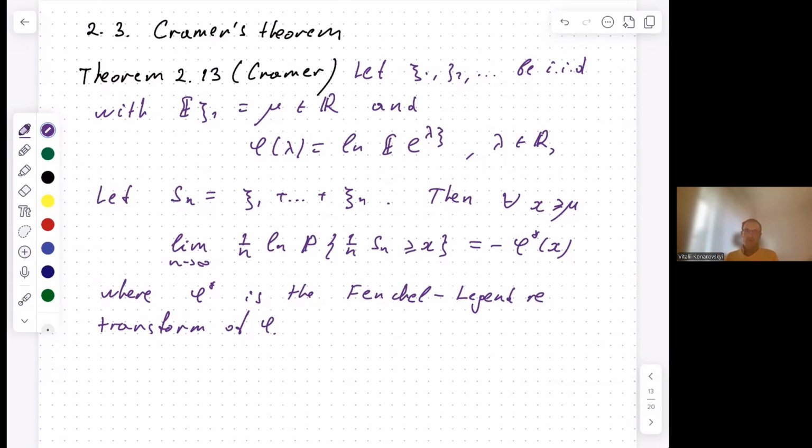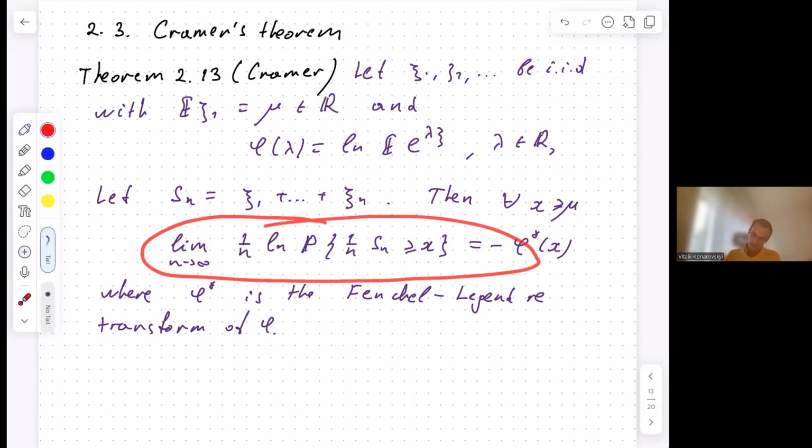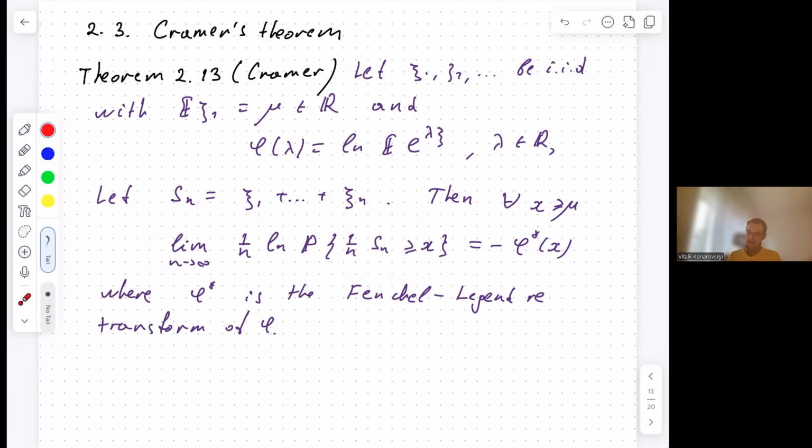After we prove the theorem, we will go to the case when random variables take values in R^d. We will go to the case of independent random vectors. And then we will try to understand what would be the reasonable notion for this expression which we have here.